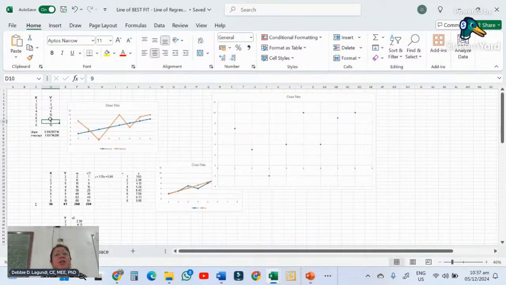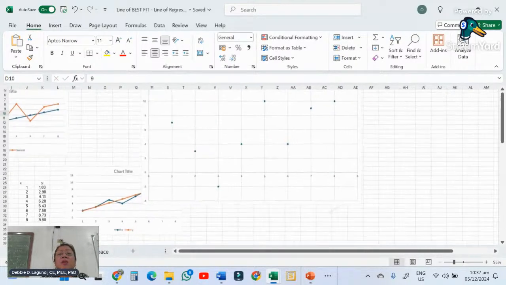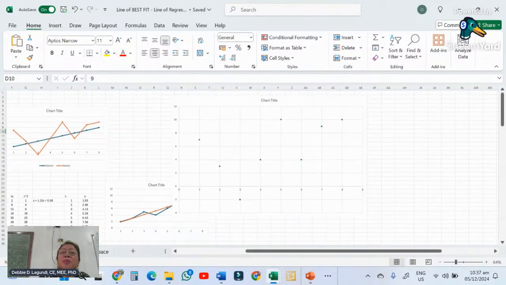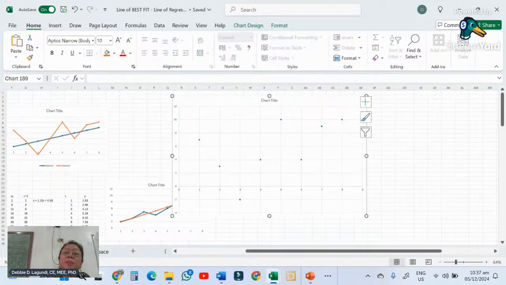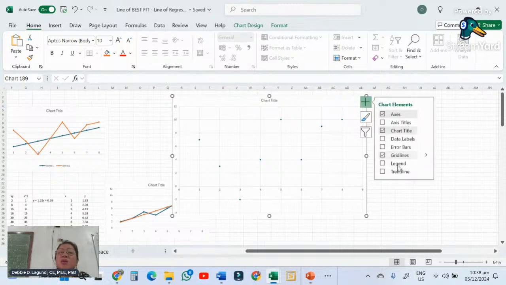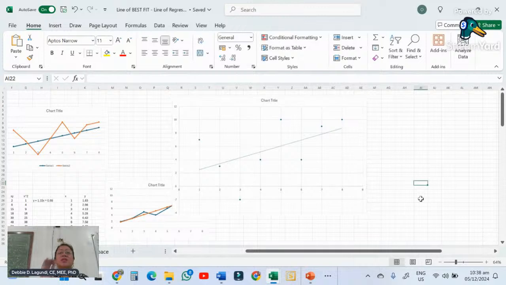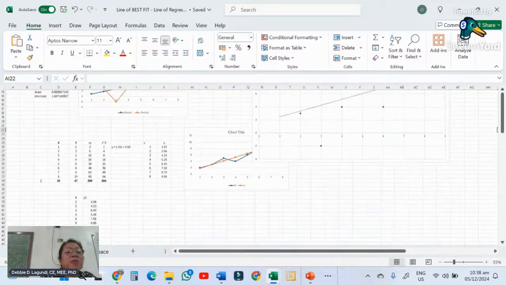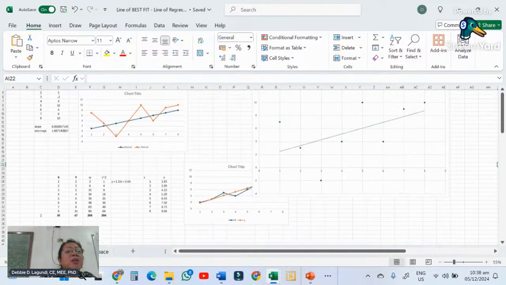It's a very scattered graph. So how are you going to do the line of best fit in here? I'll press my graph and I'll press plus here. Can you see the plus here? Then press plus there and then go to trend line. There you go. That is the line, okay? And what's the relationship of this one?